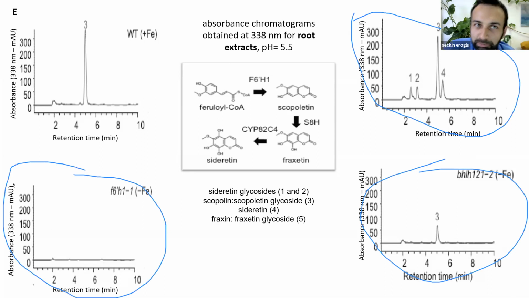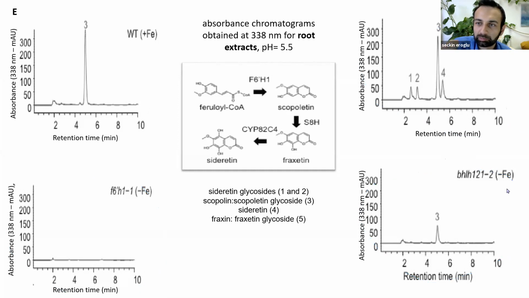The study aims to find the interaction of these two transcription factors. But this is just a normal response of iron deficient plants. It doesn't really provide any insight about the interaction itself, I think.